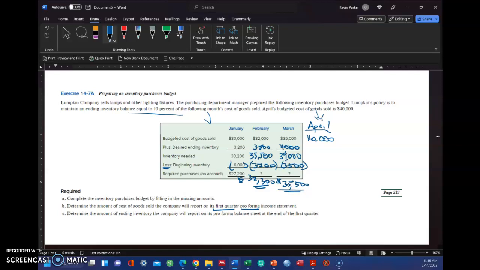So over the first quarter, what was our budgeted cost of goods sold? That will be the total right here, this line. It'll be a total of 30,000 plus 32,000 plus 35,000, and that will be 97,000.